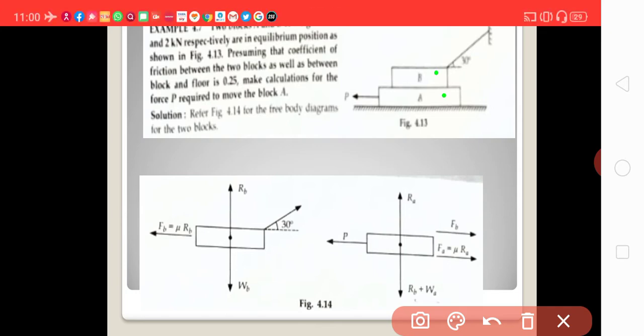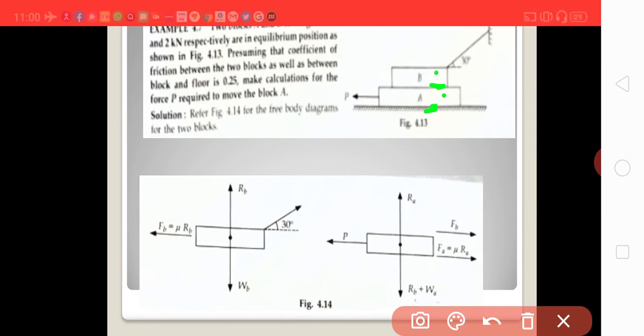Now, the coefficient of friction between the two blocks as well as the floor is 0.25 here and here. Calculate the force P required to move the block. First of all, draw the free body diagram for the two blocks.